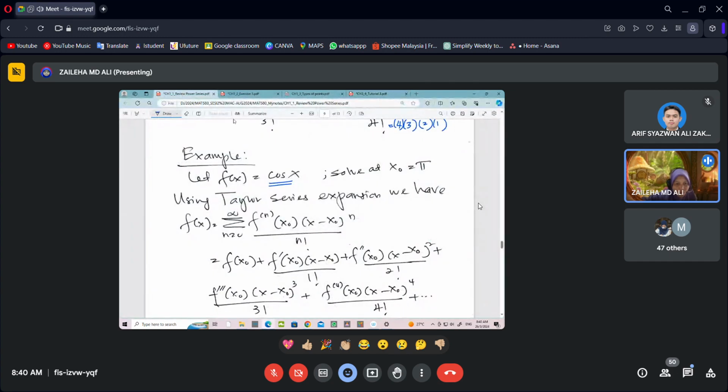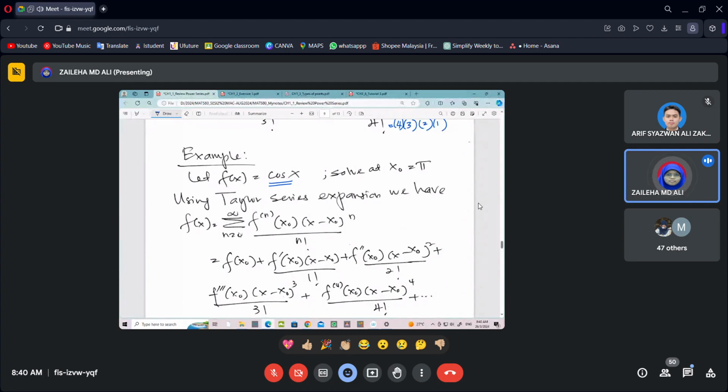Patah balik ke power series. Okay, so the example here we are looking at trigonometric function, which is non-polynomial function, and we want to solve at x naught equals to pi. Right, so the center of the series, the center of the problem that you want to solve is at pi.